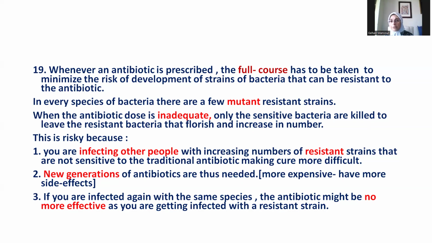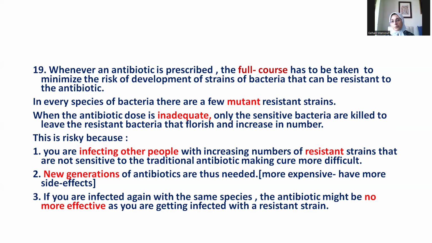There are narrow spectrum antibiotics that affect only a narrow number of species, and there are broad spectrum antibiotics that can affect a wide array of pathogens. We use, of course, broad spectrum antibiotics when the diagnosis is not accurate, when you don't exactly know what pathogen is the cause of the infection.